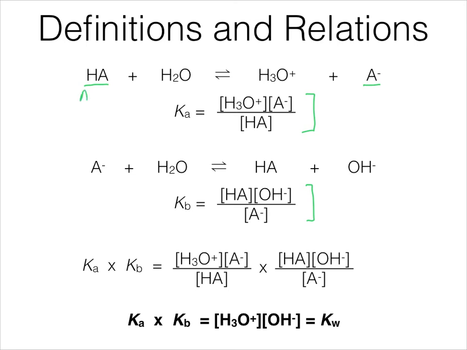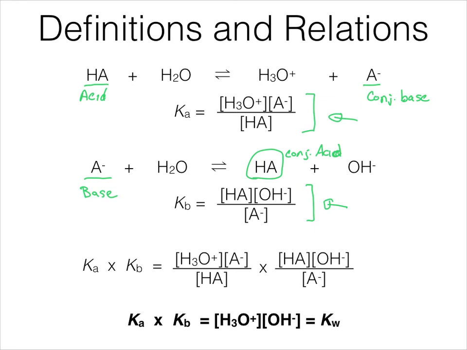So this is my acid, and this is my conjugate base. In the second reaction, I have A minus as my base, forming the conjugate acid, HA. So with this, I have two definitions. One is the definition of the Ka, the other is the definition of the Kb.